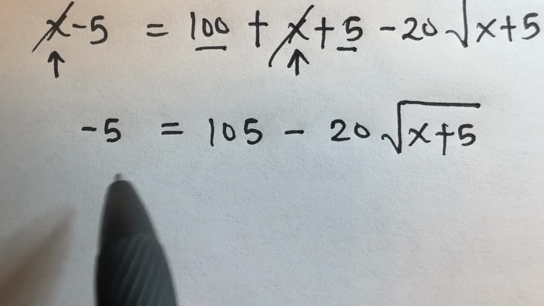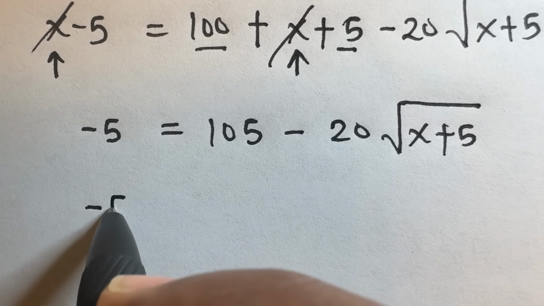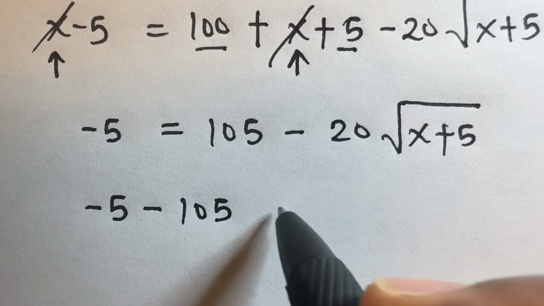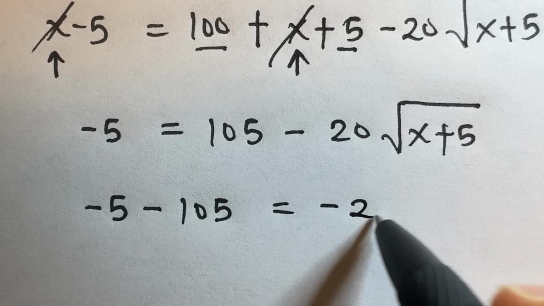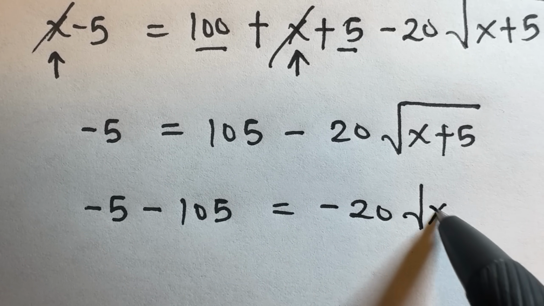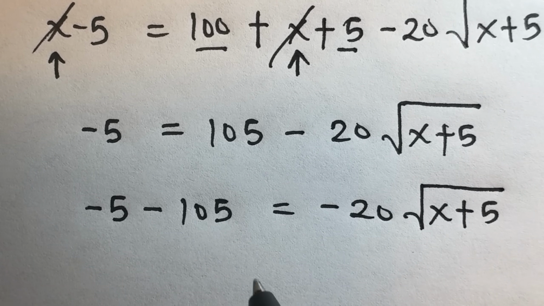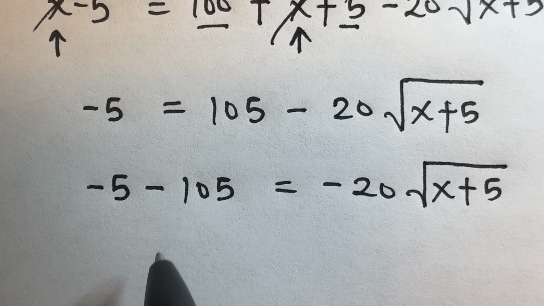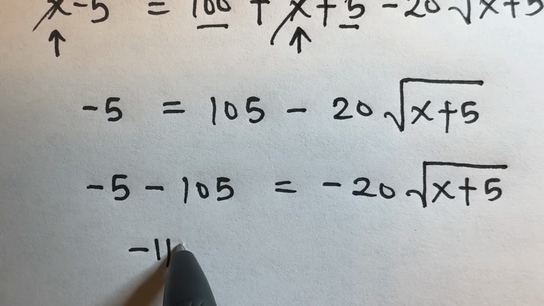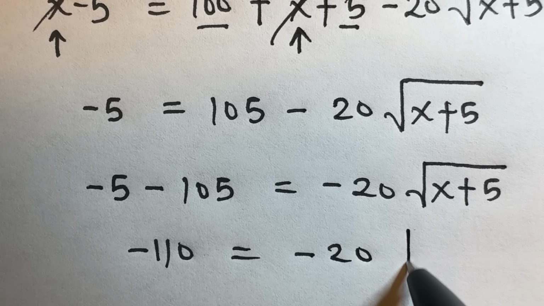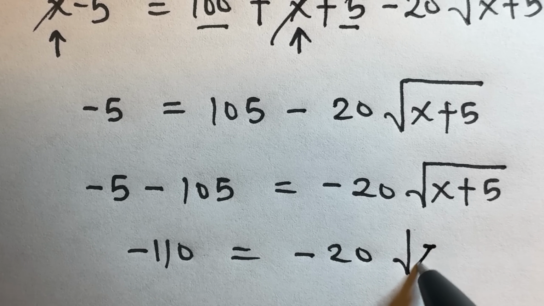We can move this to the other side. This will give us negative 5 minus 105 equal to negative 20 root x plus 5. This gives us negative 110, and this gives us negative 20 root x plus 5.